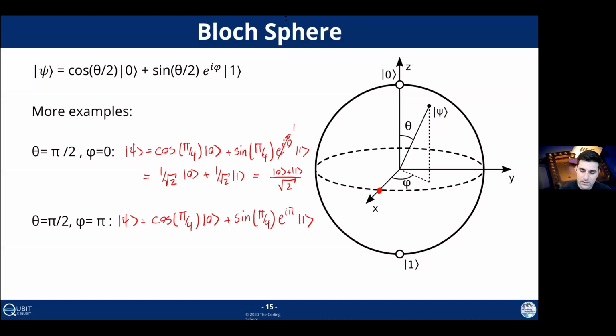Something that we discussed in the previous slides was that e to the i pi is just equal to -1.